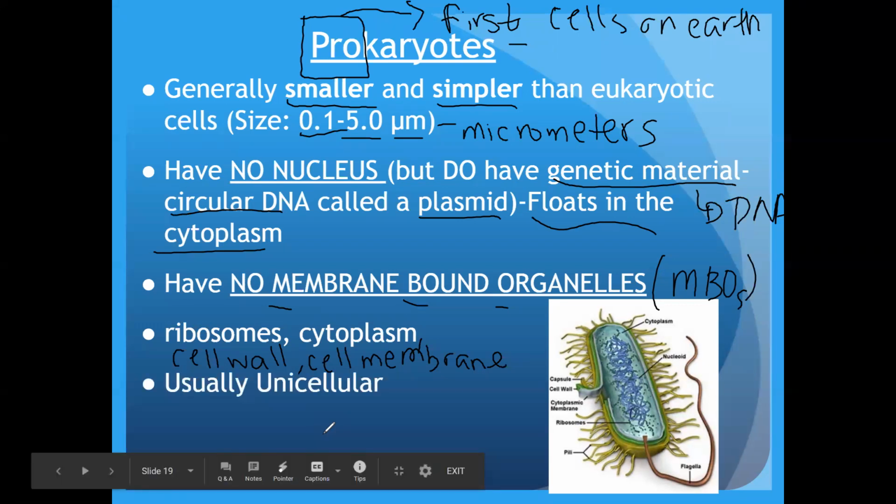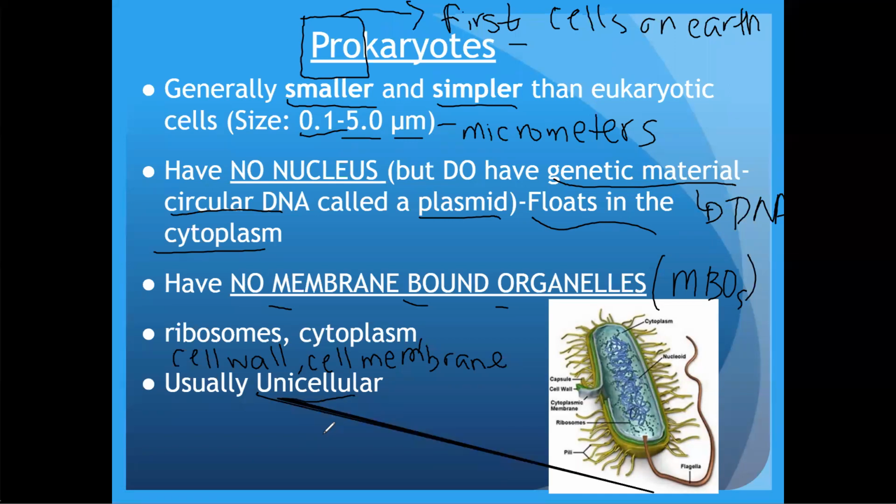And prokaryotes are typically and usually always unicellular, meaning they're made up of one cell. They're single-celled.